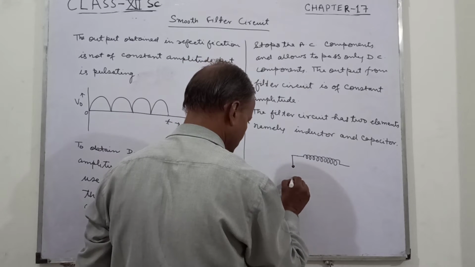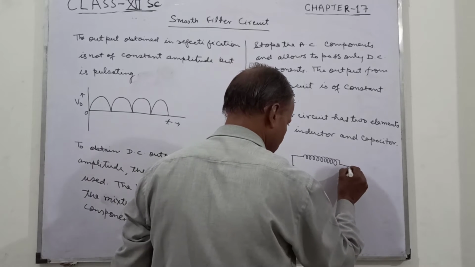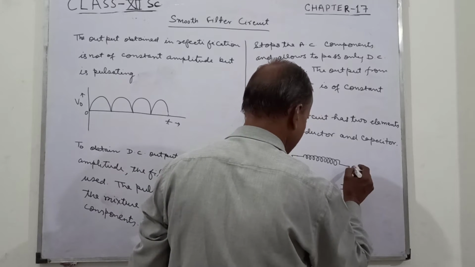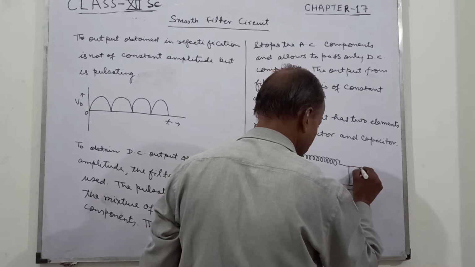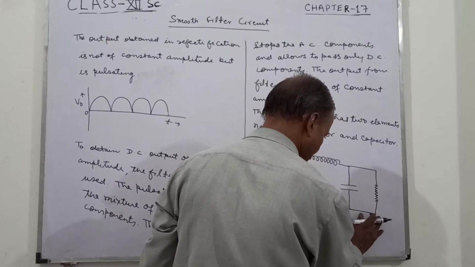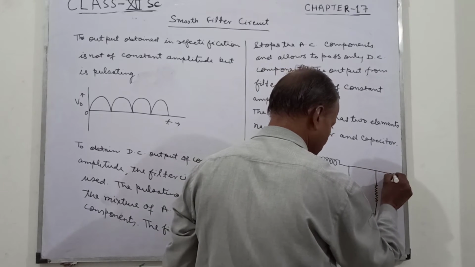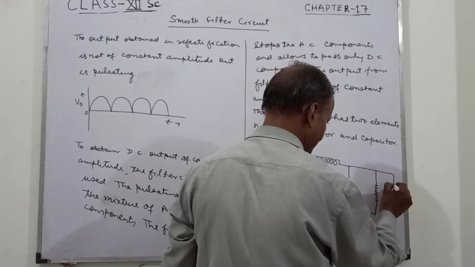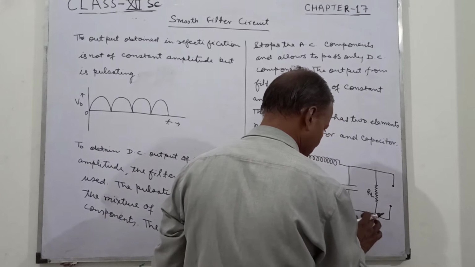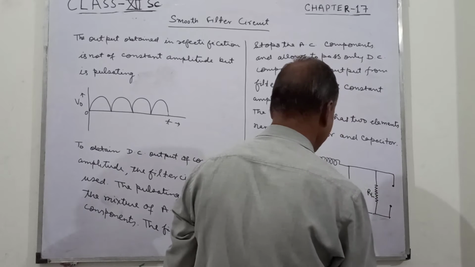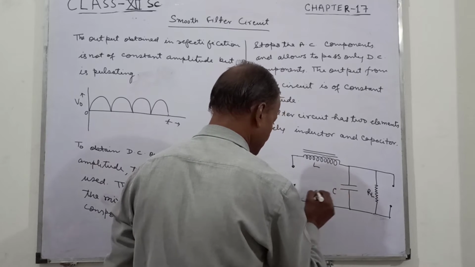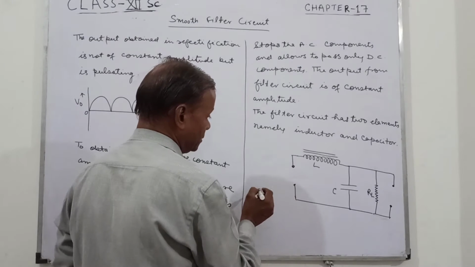Here and then here we obtain this is RL, this is L, this is C. This is the output from rectifier.